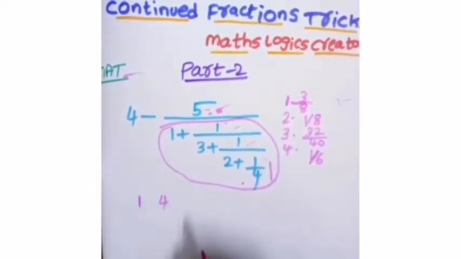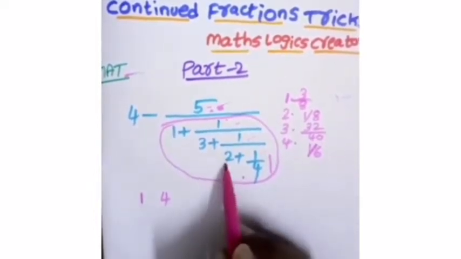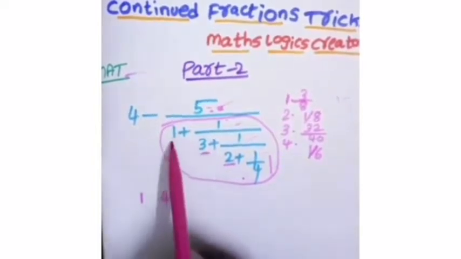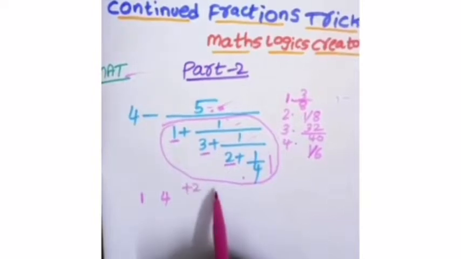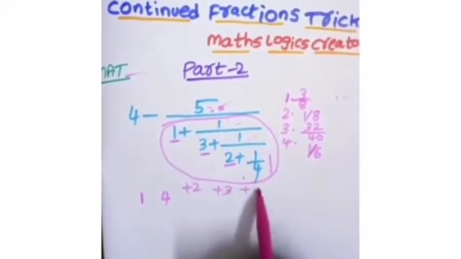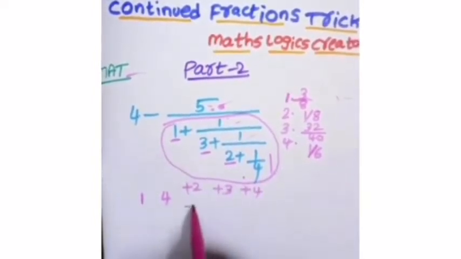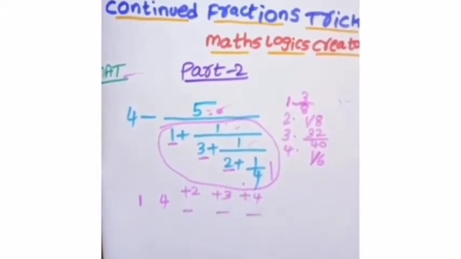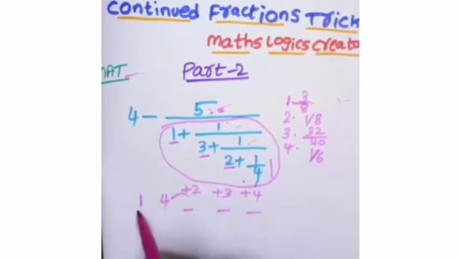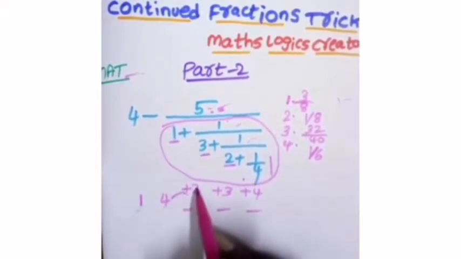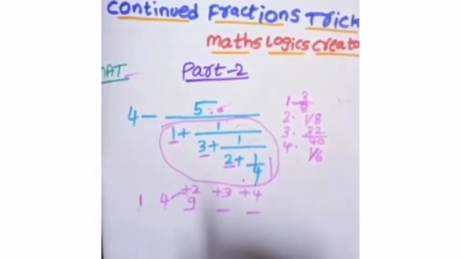After that, take plus 2, plus 3 and plus 1 on the top side, like plus 2, plus 3 and plus 4. Okay, for this place, this place, this place, we multiply these two numbers and add the previous number. So 4 into 2, 8, 8 plus 1, 9.